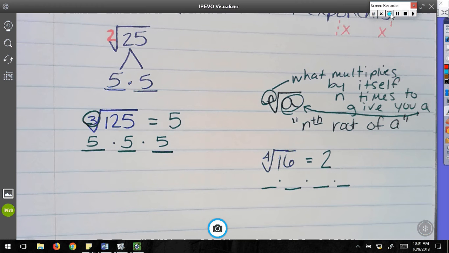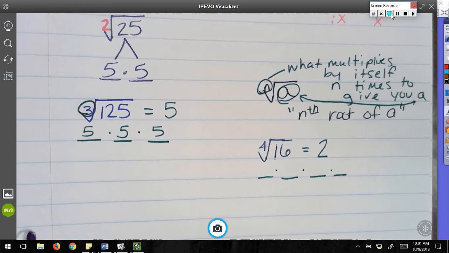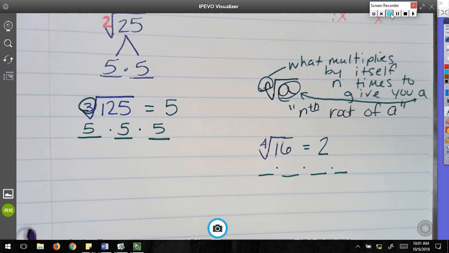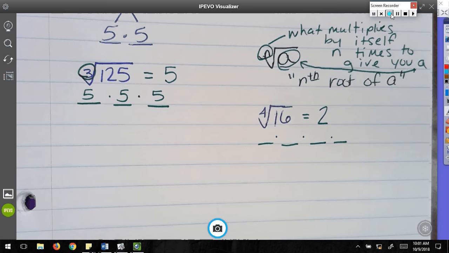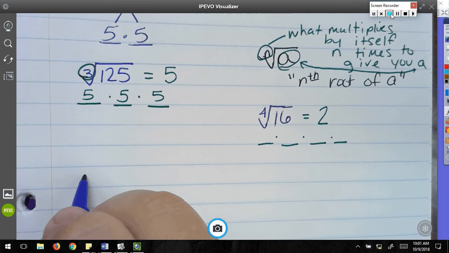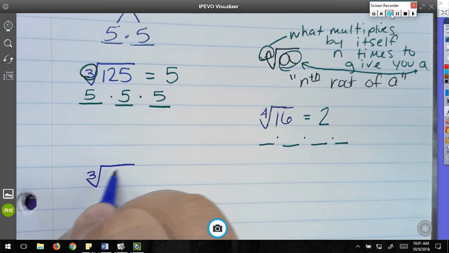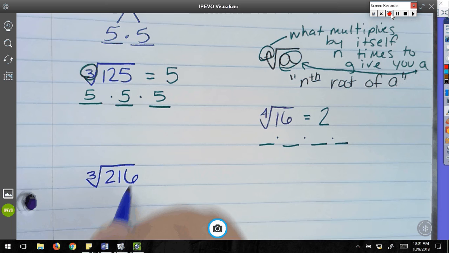So I want to give you a couple to think about here. The first one I'd like you to think about is, how about if I asked you what the third root of 216 is? Take a minute and see if you can figure this one out.